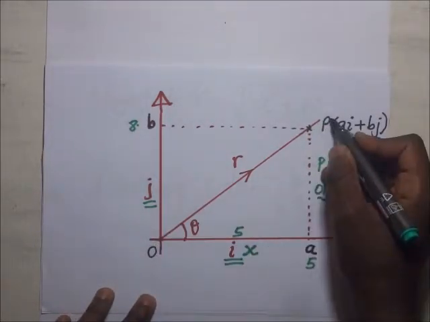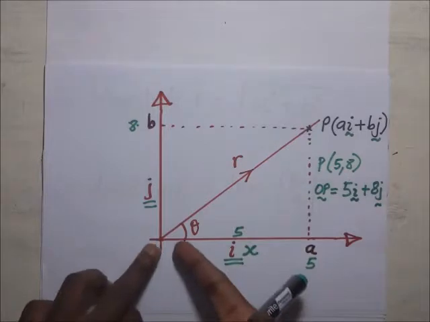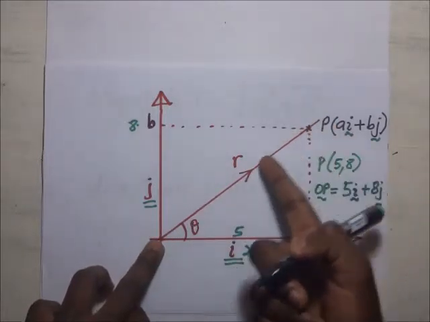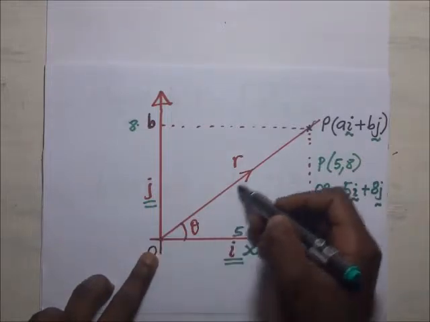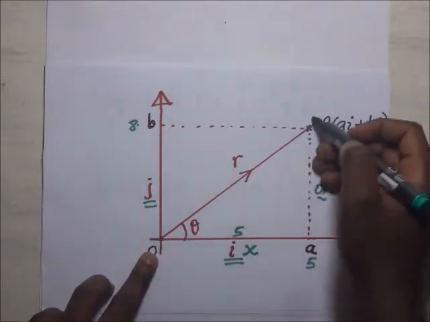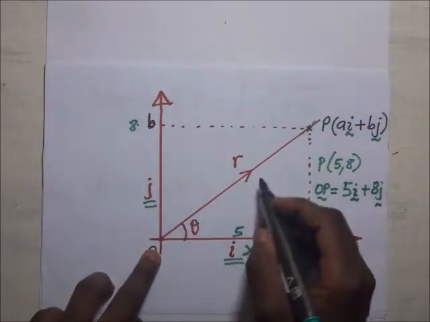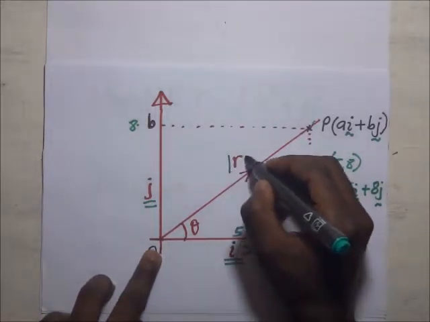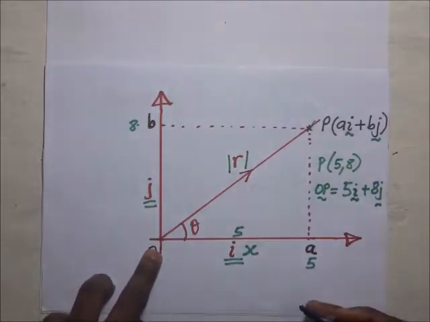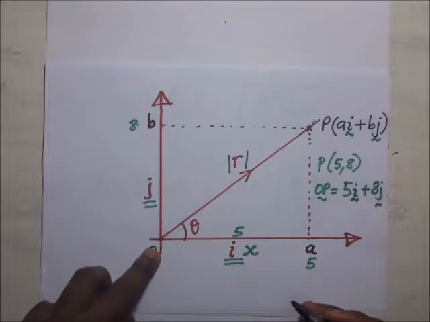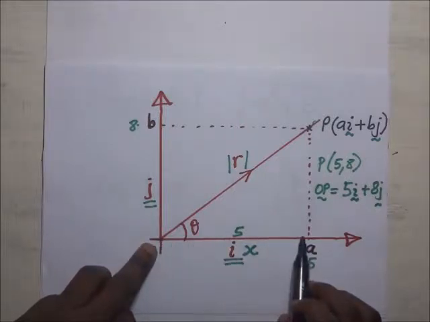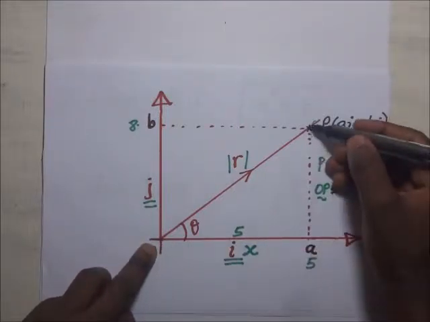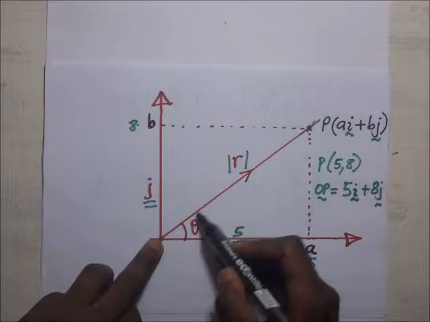Now, with this ij notation in general terms, if we want to find the magnitude of this vector, O to P, we look at it this way. This forms a right angle triangle, as you can see right here, so to get the magnitude of R, we use Pythagoras theorem. For a right angle triangle, this line squared plus that line squared gives us this line squared.